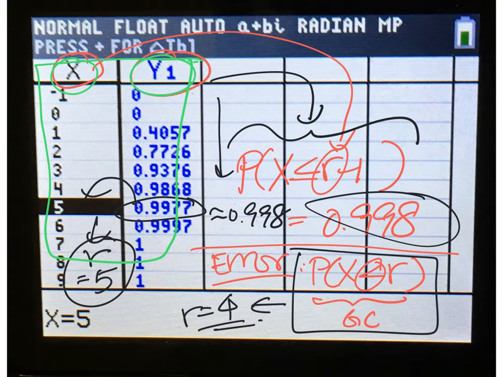So you have to take note that in the event that you want to write down this table as part of the solution, you have to label the column headings appropriately. In this case, as I've just explained, the x should be replaced by r, and the y1 should be replaced by this expression here, the probability of x less than or equal to r minus 1. These two will provide the headings for the first and second column respectively.